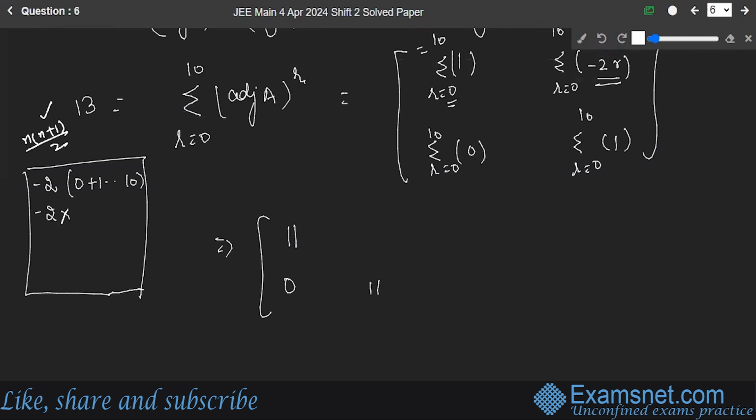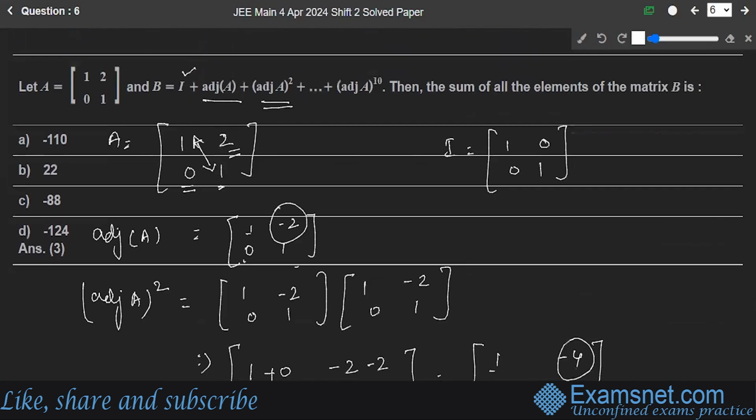This is the sum of n natural numbers. N is equal to 10, so 10 into 11 upon 2. This will cancel, and you will have -110 over here.